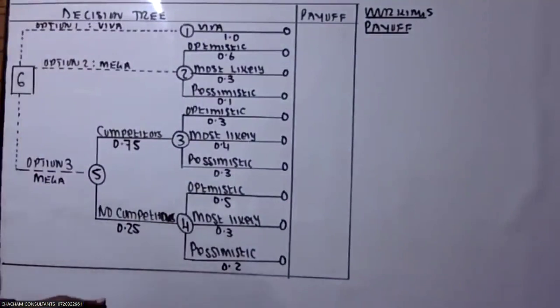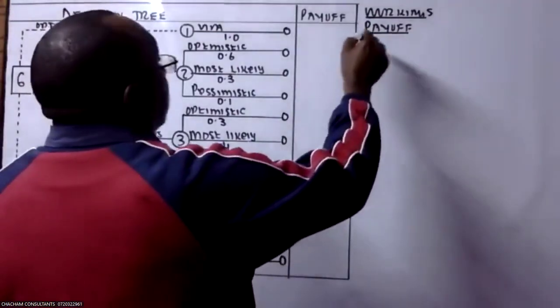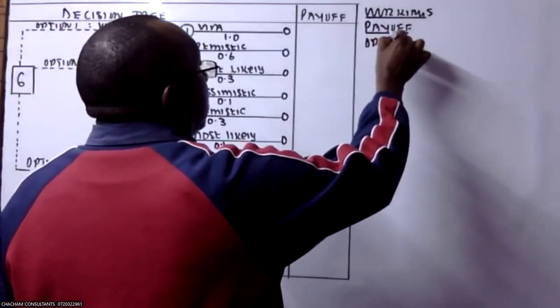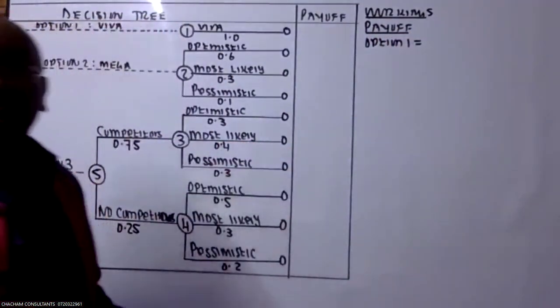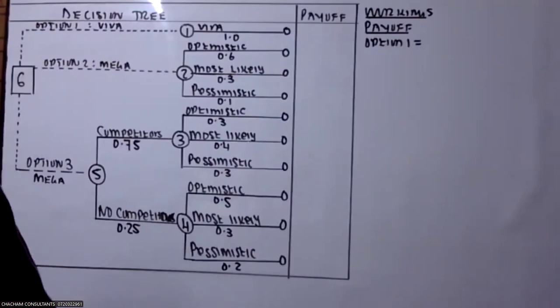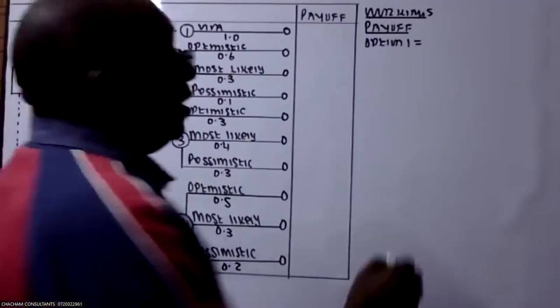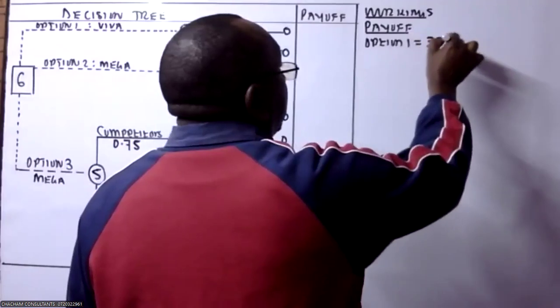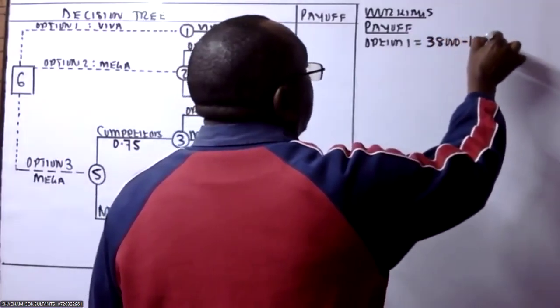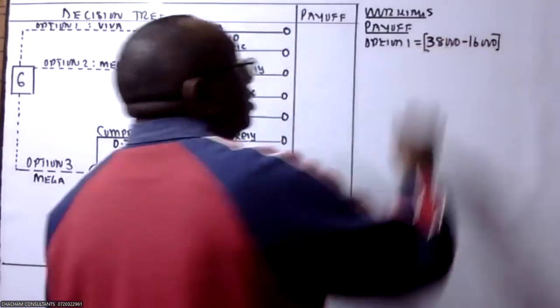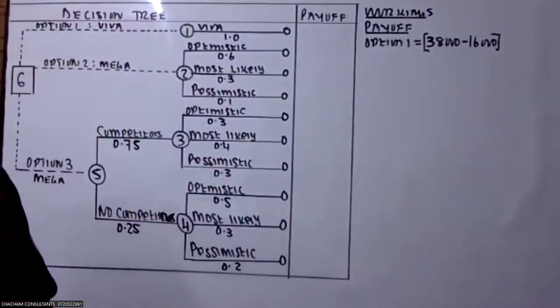Now payoff, this first one for option 1. Option 1, we are told that we continue, the customers are 6,000. The cost is 16 and the selling price is 38. So we are going to have 38,000 minus 16,000. That will give you the profit per customer.